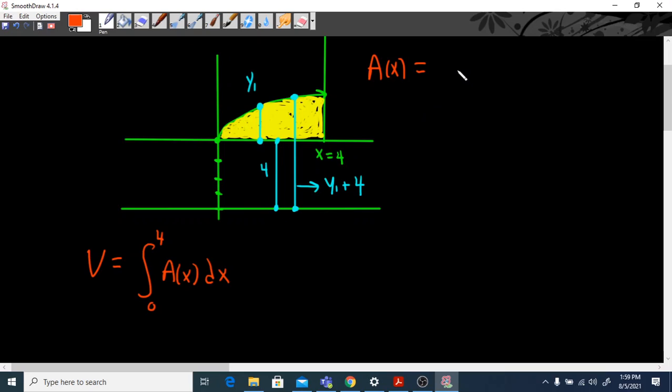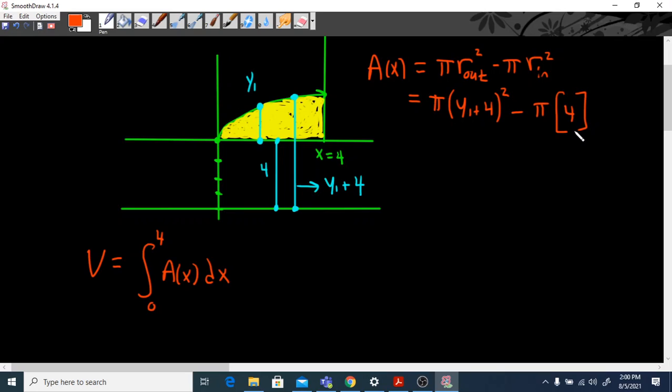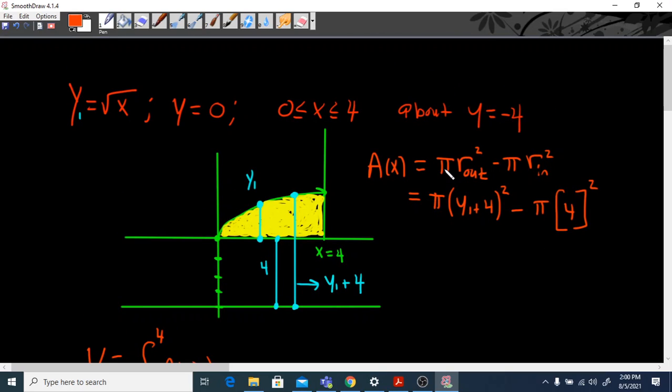It's going to be pi r outer squared minus pi r inner squared. The outer radius is going to be y1 plus 4, and our inner radius is just going to be 4. We square that. Good.